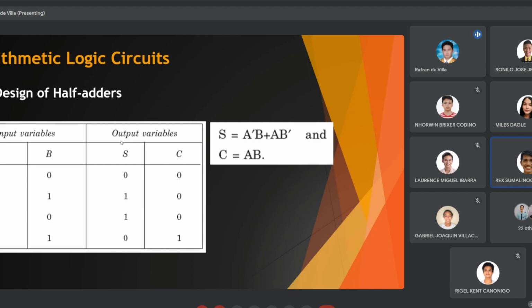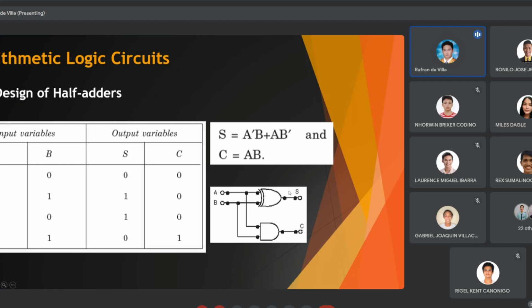XOR, sir. That is plainly an XOR. And how about the carry? AND gate, sir. It is simply an AND gate. So we can design the circuit in this manner. This is now the design for a half-adder circuit.